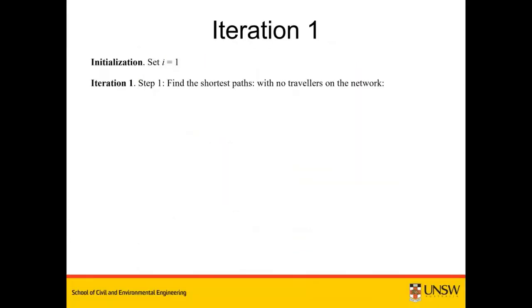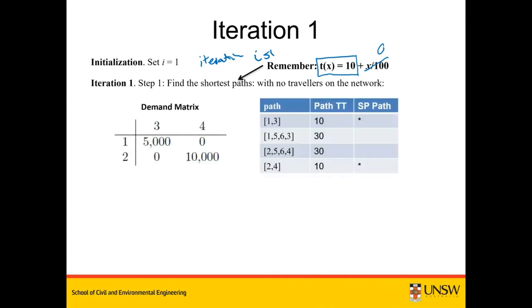Now let's start with the MSA implementation. So we start with initialization. We set the iteration number equal to 1. We find the shortest path when there's no traveler on the network. Remember, we have the link performance function, so that means if x is 0, this is 0. So all the links will have a cost of 10, right?